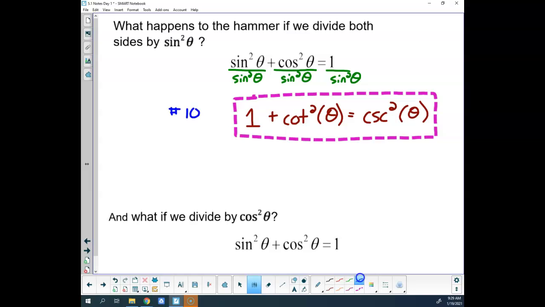Cosecant squared is equal to 1 plus cotangent squared, which we could also rewrite as cotangent squared is cosecant squared minus 1. So we can tweak that around a little bit also.